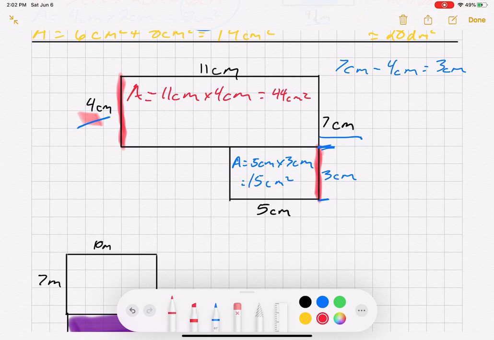Then I need to put these together, so 44 centimeters squared plus my 15 centimeters squared, and the area for these two rectangles put together would be 59 centimeters squared.